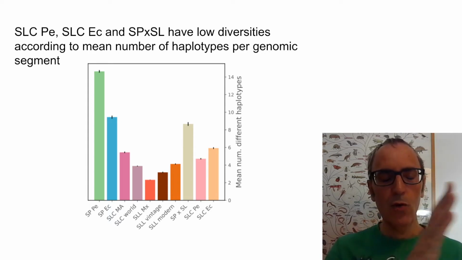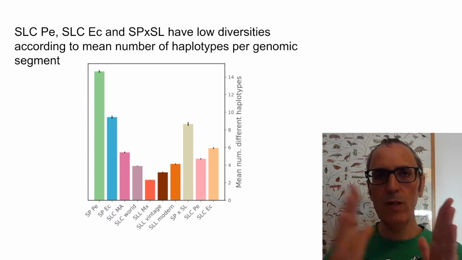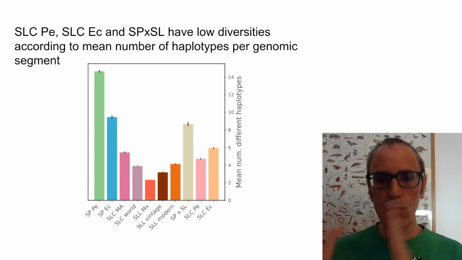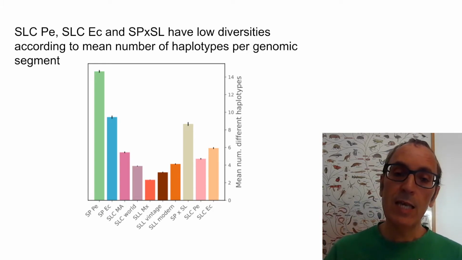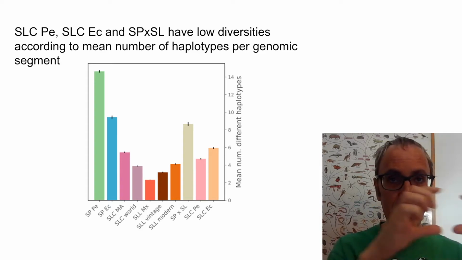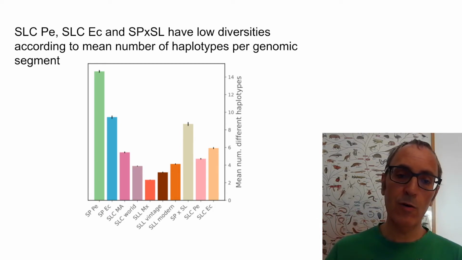That means that we take segments of the genome, we divide the genome into windows, and we calculate the haplotypes for each window. And we calculate for each population how many alleles we have in each window, and we can calculate the mean for all windows, and this is what we get.